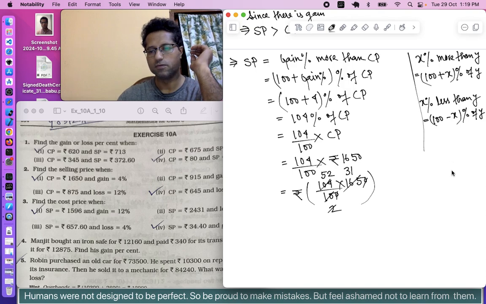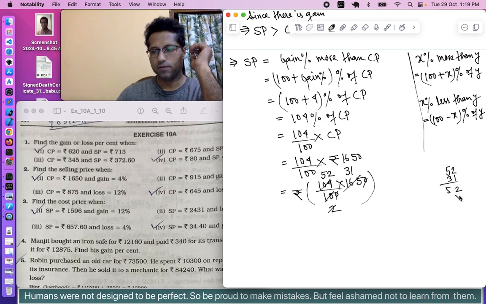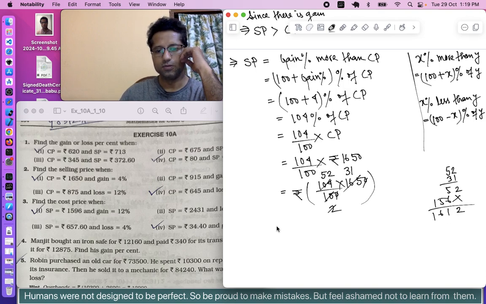So what is 52 multiplied by 31? 2 5 6 15, which is 2 11 6 1. So this is equal to rupees 1612.